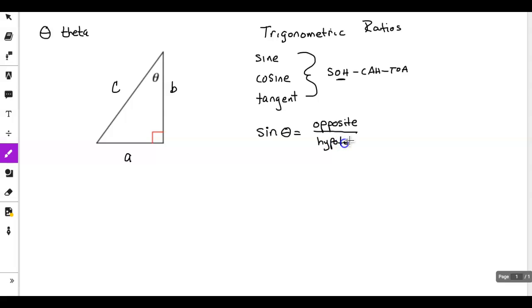The hypotenuse is always across from the 90-degree angle and is always the longest side. So C is the hypotenuse. In this triangle, the side opposite theta is A, so the sine of theta is A over C. Those will be numbers eventually, but for right now, I'm just using letters.